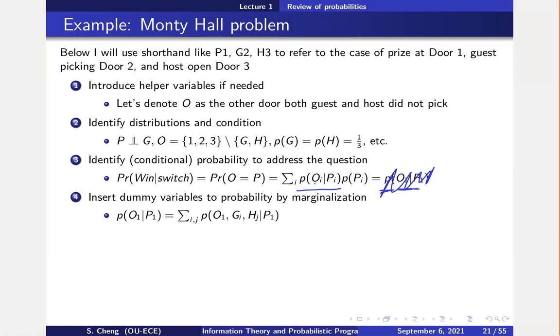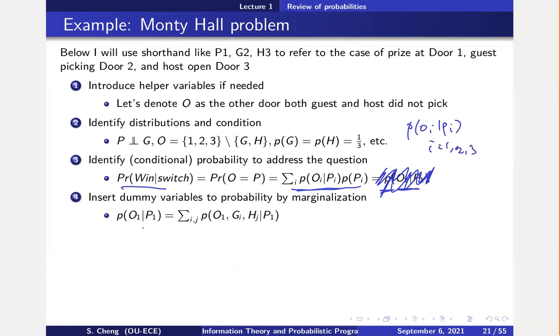So let's say you try to solve each of these. Okay, let me omit this. Then this probability is just equal to this. Now I know P of P_i will all be equal to 1/3. Now I'm supposed to find P of O_i given P_i, for i equal to 1, 2, and 3.